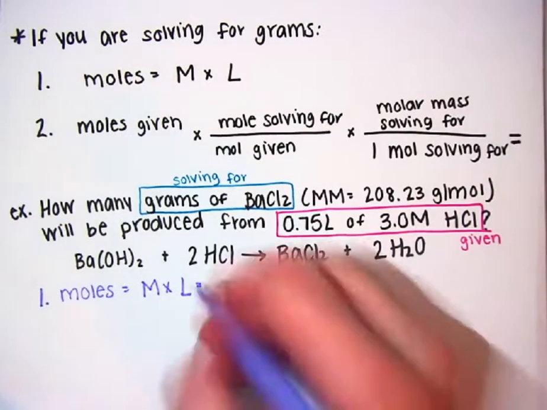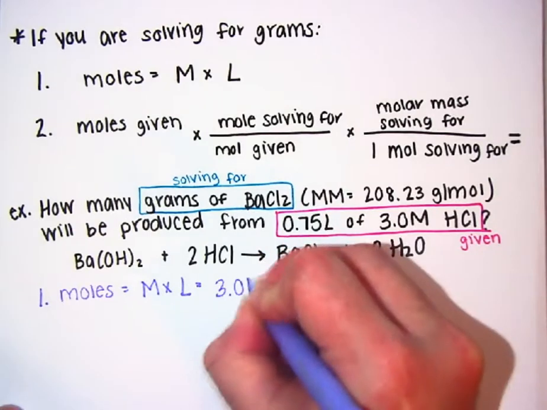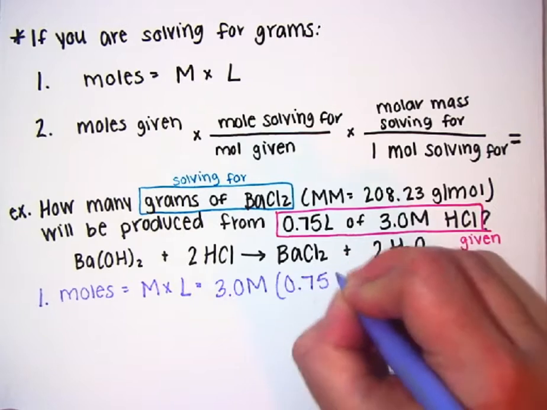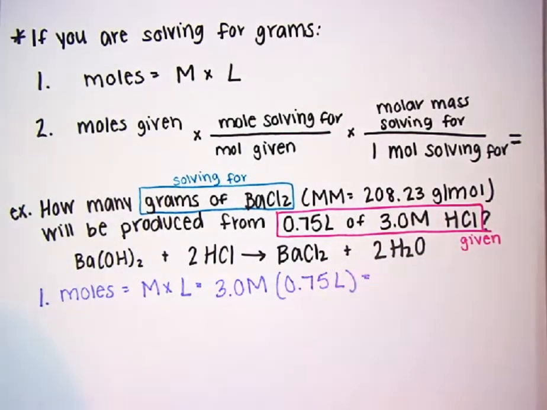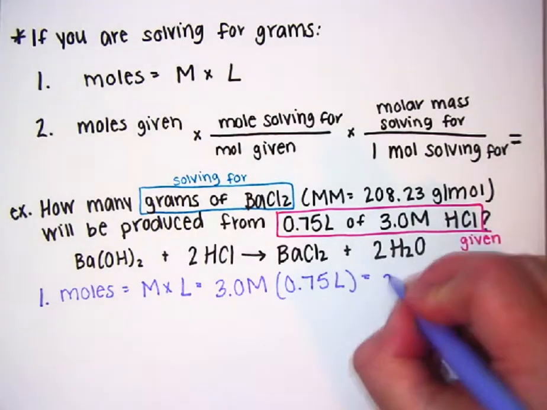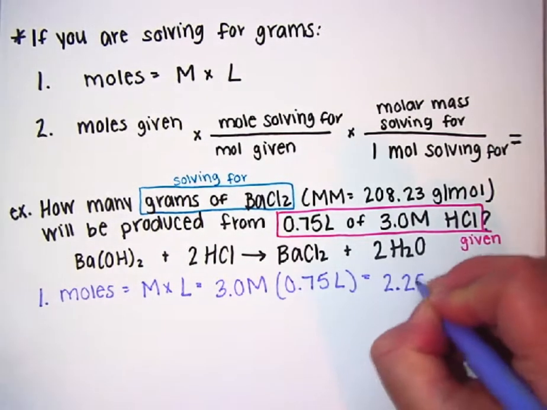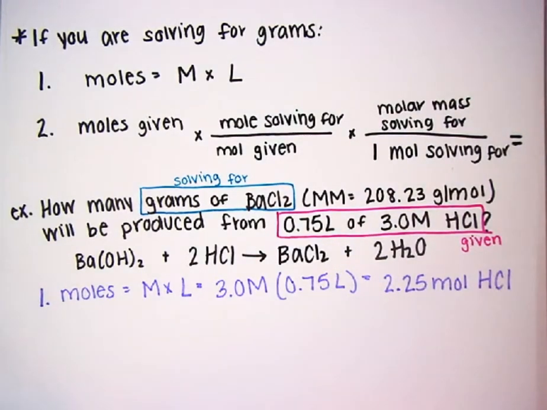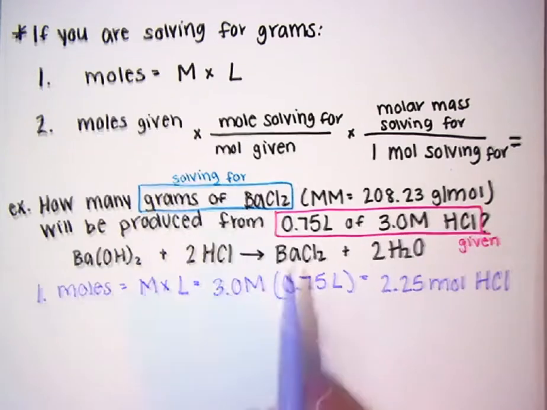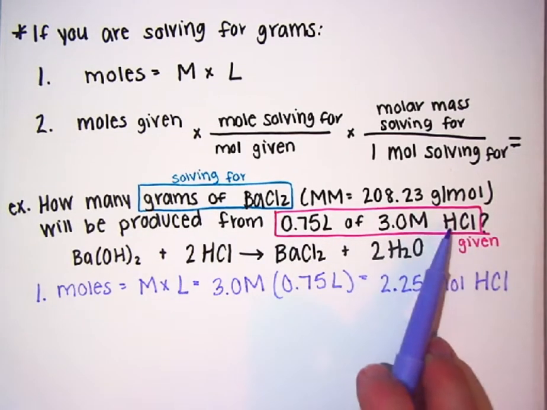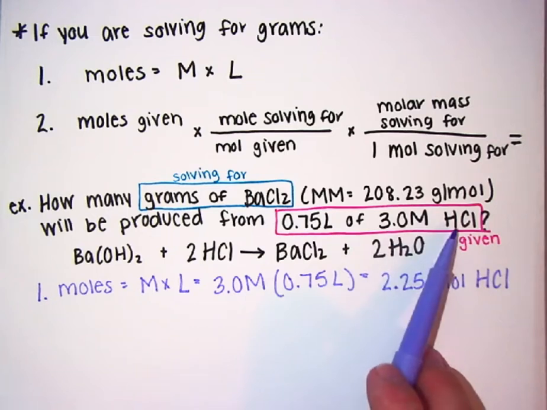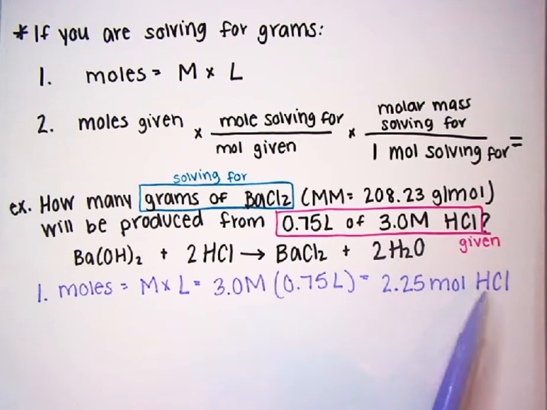So I have a 3.0 molar solution times 0.75 liters. 3 times 0.75 would give me 2.25 moles of HCl. Make sure you put in the substance. That's going to make step 2 much easier. I have 0.75 liters of 3 molar hydrochloric acid, so this is also hydrochloric acid.